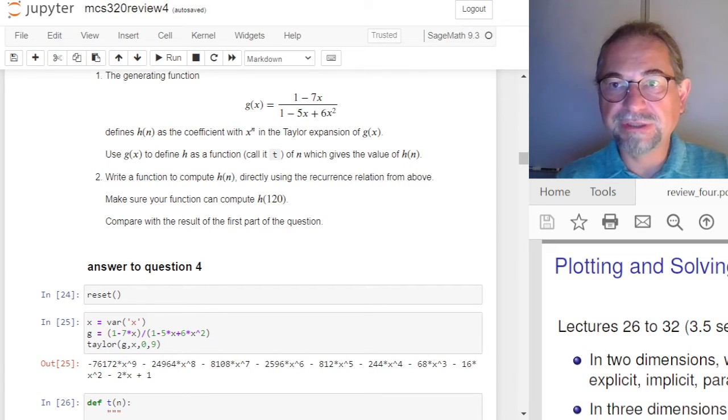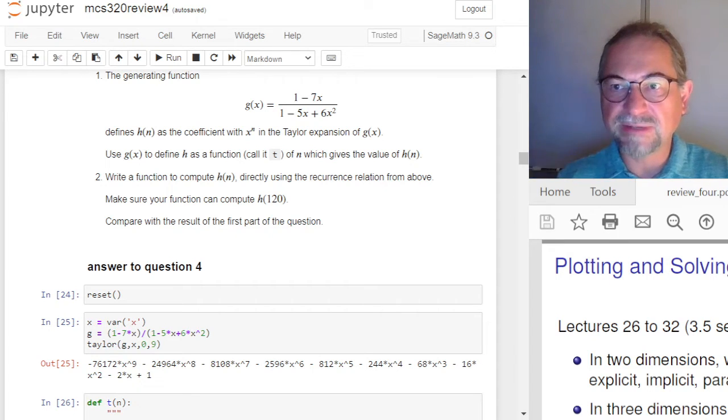What is important here is that you very well distinguish between the formal variable in the generating function, which is x, and then the term that is used in the Taylor series. So we can define the coefficient of the Taylor series.